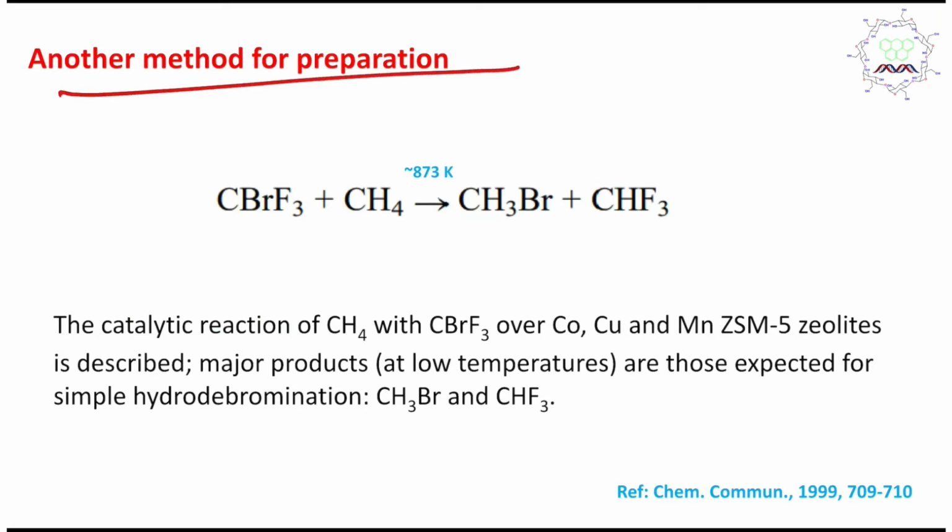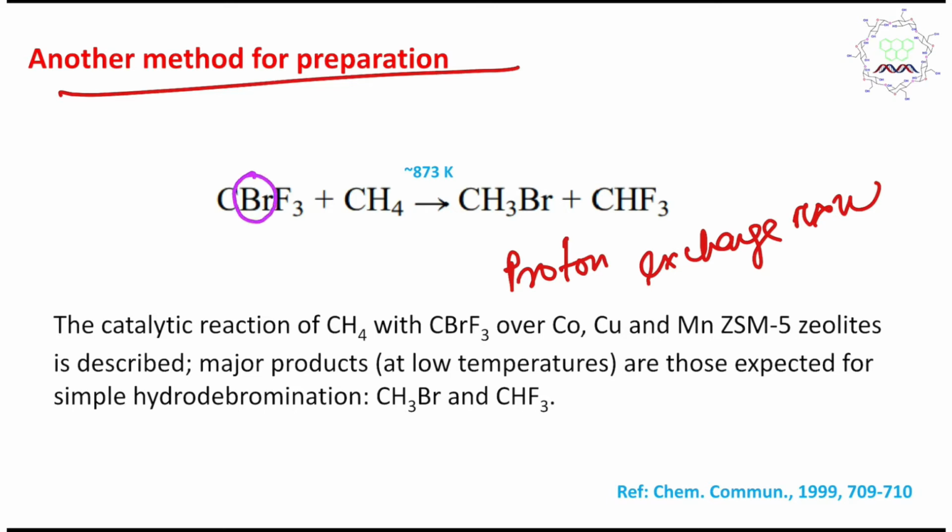Here you may consider it a proton exchange reaction. This is CBrF3, and in this case the bromine is replaced by hydrogen which comes from methane. So this bromine goes to methane and this hydrogen goes to this carbon. In this way it produces CHF3 and, along with that, methyl bromide.